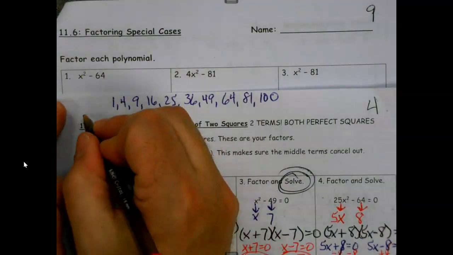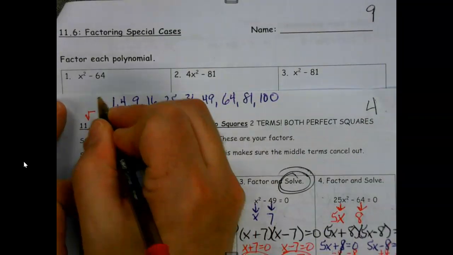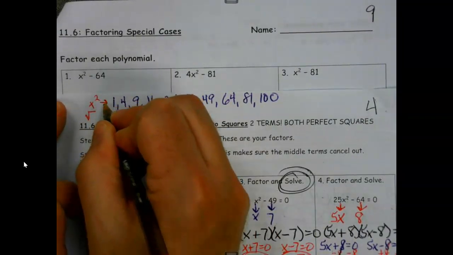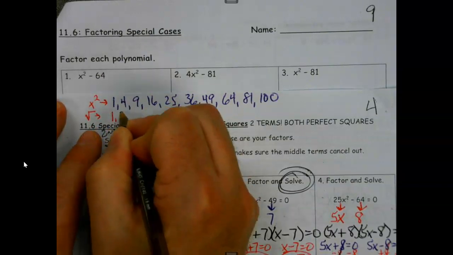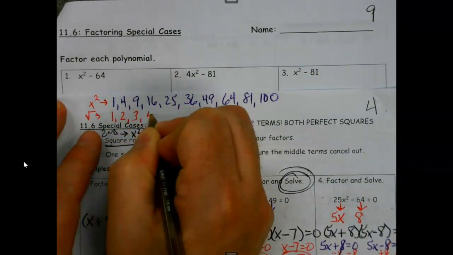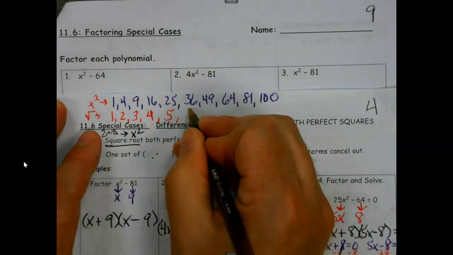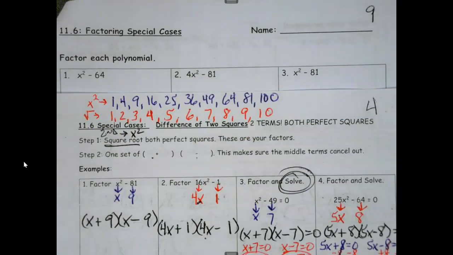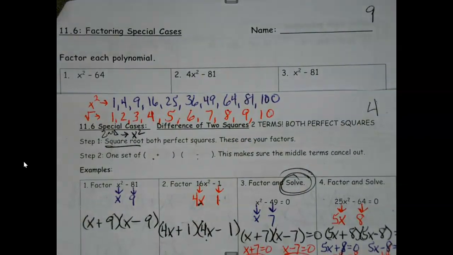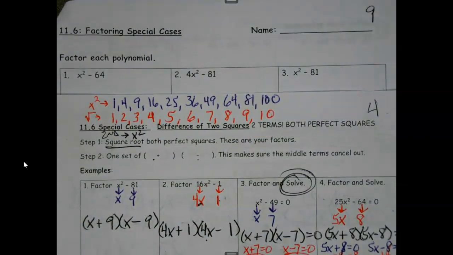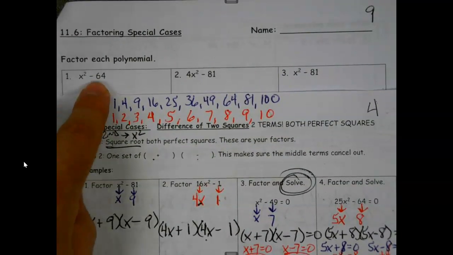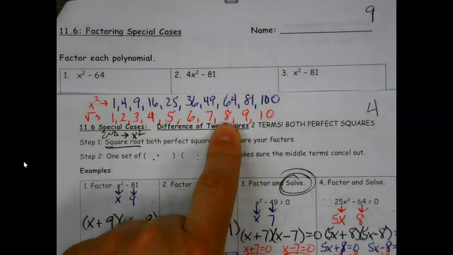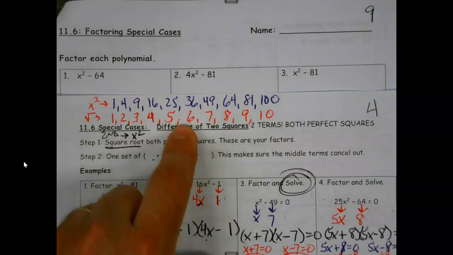So what we're going to do here is put the square roots of the perfect squares down below. So if you're working on a problem, let's say, when we get going here in a minute with our special cases, and you're like, okay, x squared and 64. Instead of having to go find 64 on your calculator or in your chart, you can just come here and go, oh, it's 8. Or if you get 36, oh, it's 6.